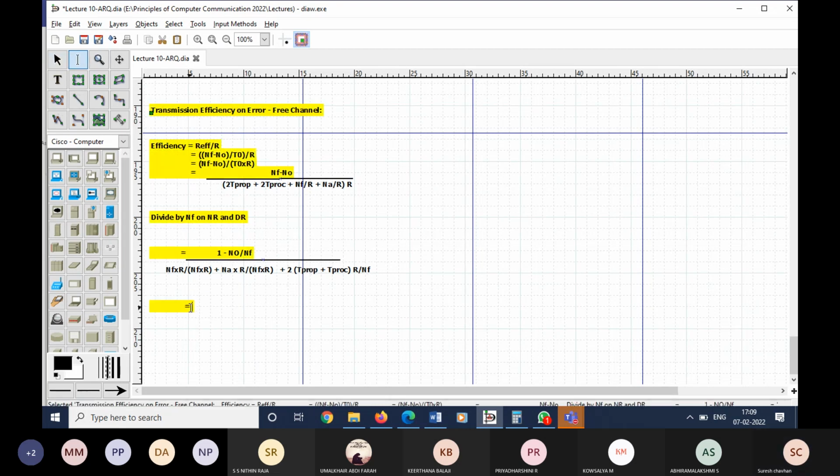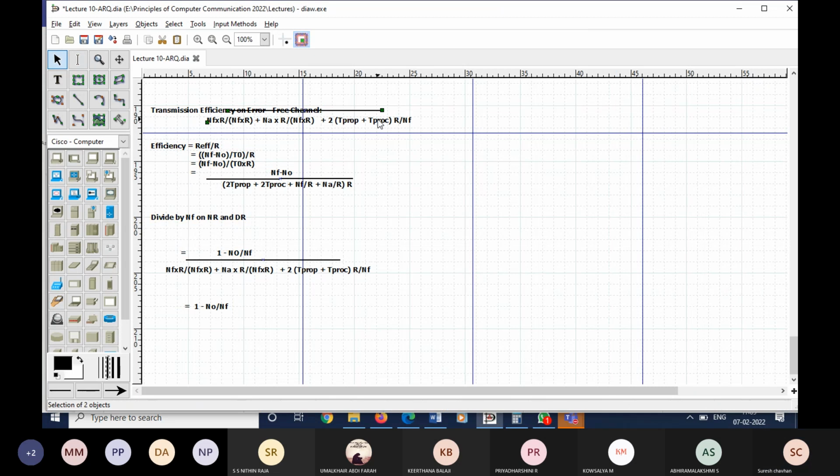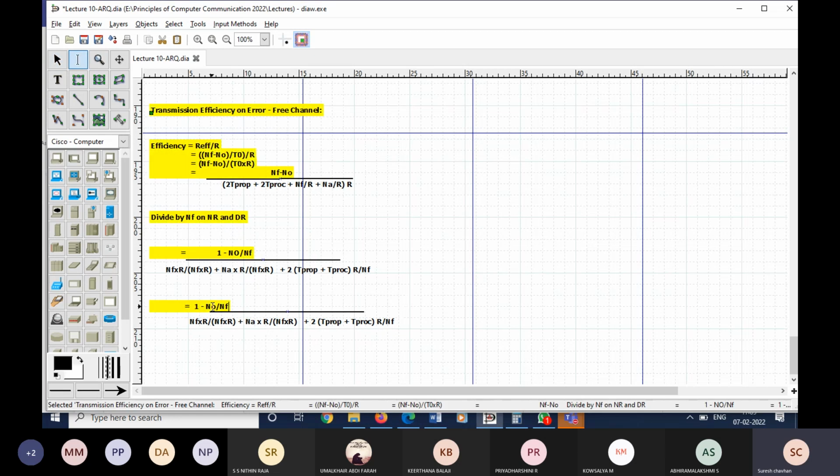this one. Anyway, that's 1 minus N overhead divided by NF. Correct? N overhead divided by NF whole divided by. So I'll put here and I'll bring this one there so that you will get a clear.